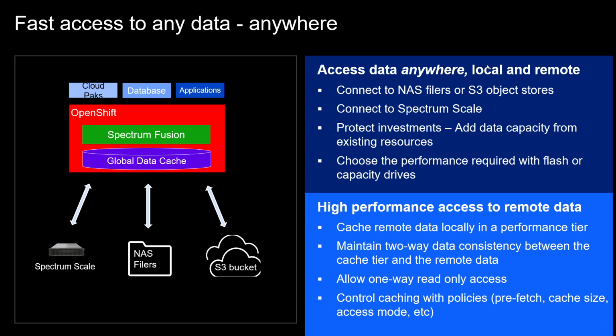central Spectrum Scale, you can actually have caches. You can have copies of the data that you need at those local Spectrum Fusions so that local performance requirements are met.